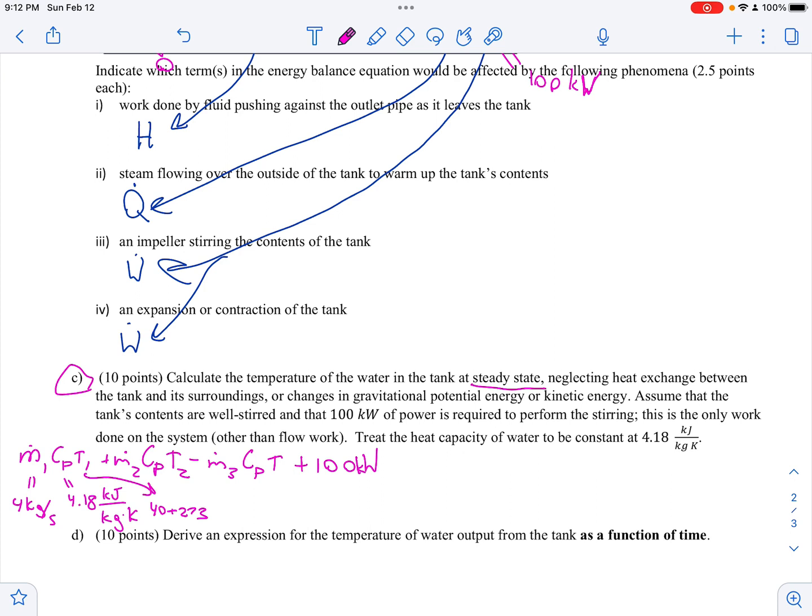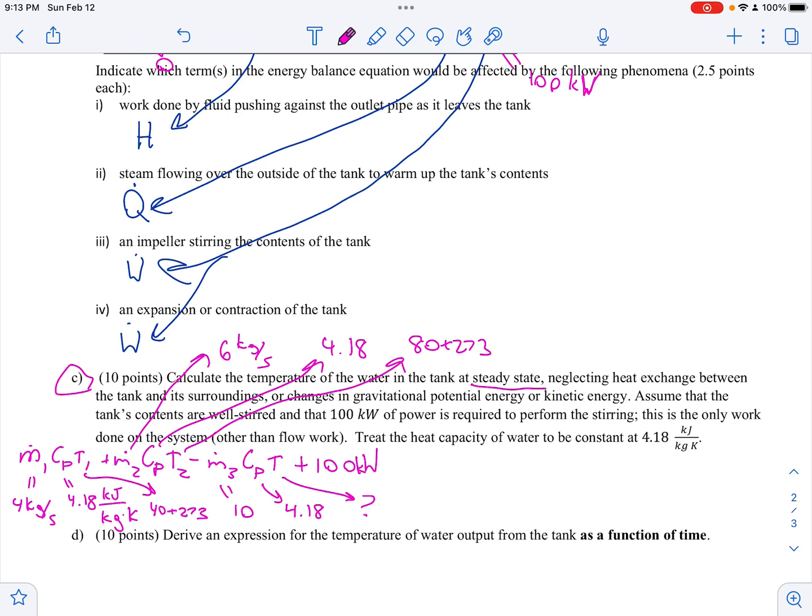M2, put it up here, this would be 6 kilograms per second. Cp is the same, 4.18, and T2, I believe, is 80. 80 plus 273. M3 at steady state is equal to 10, 4.18, and this is what we actually don't know. This is the only unknown.